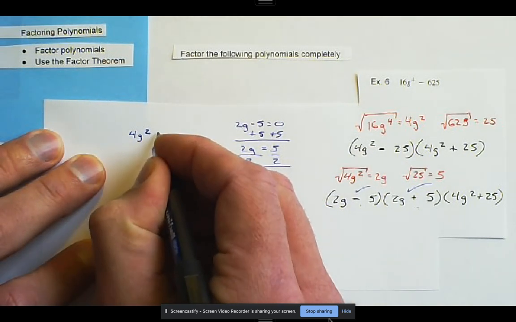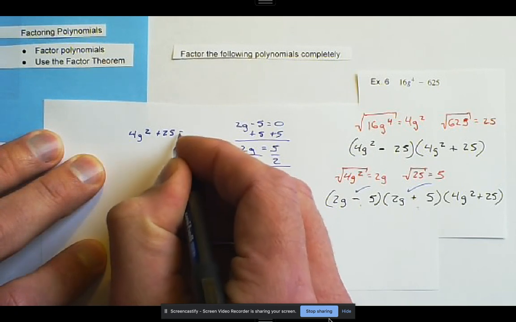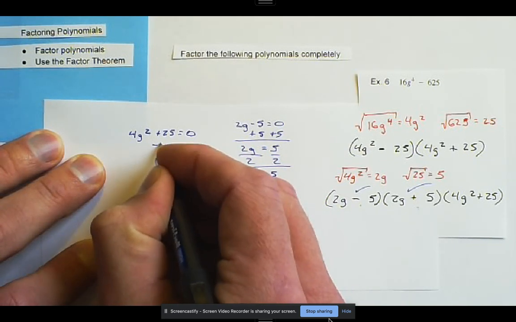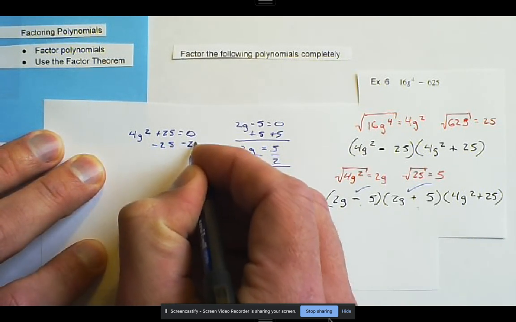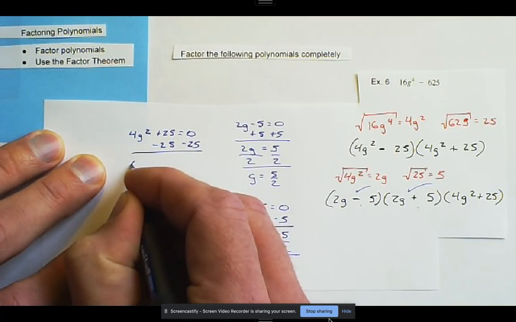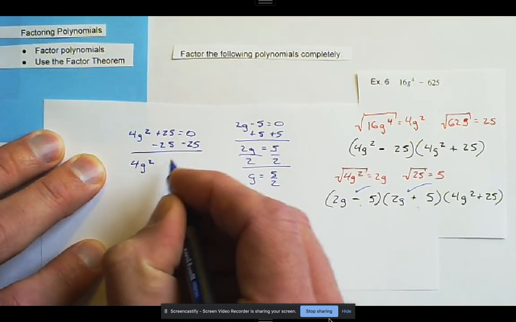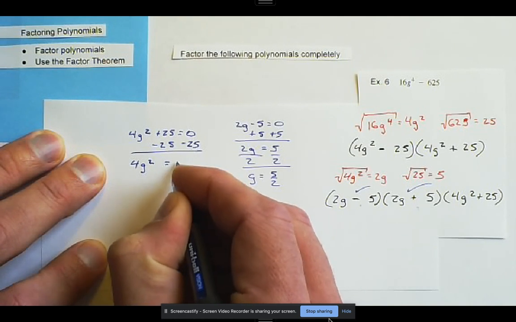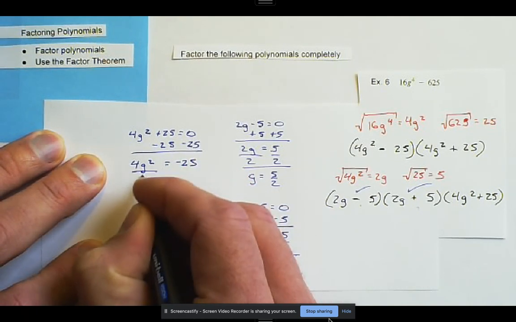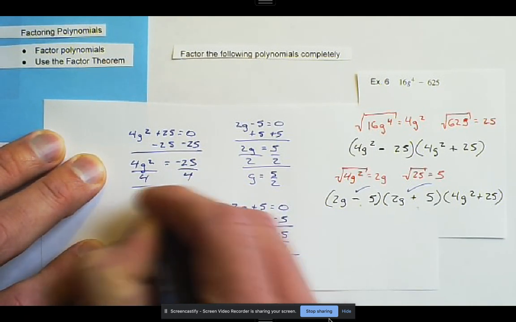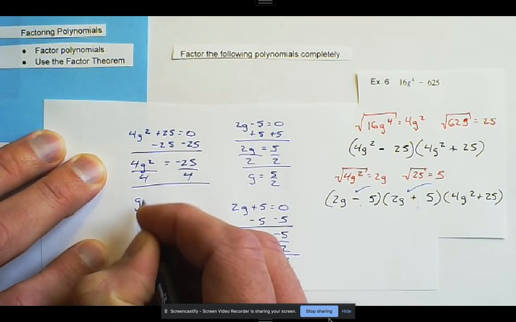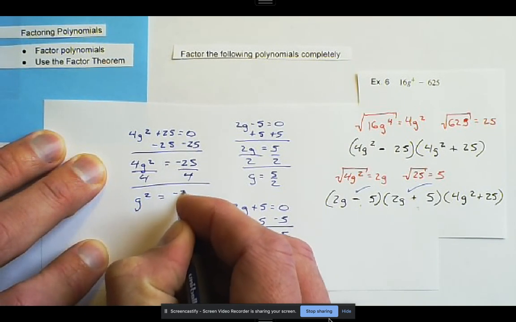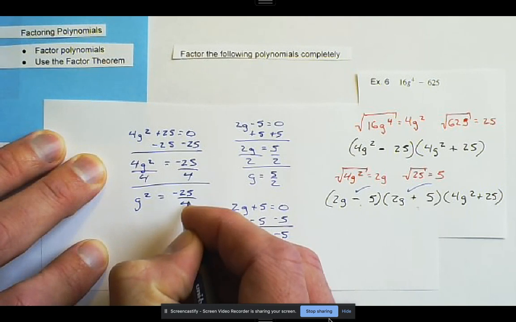4g squared plus 25 is equal to 0. So we subtract 25, and we get 4g squared equals negative 25. Divide by 4, and we get g squared is equal to negative 25 over 4.